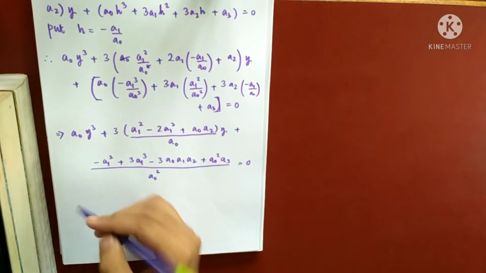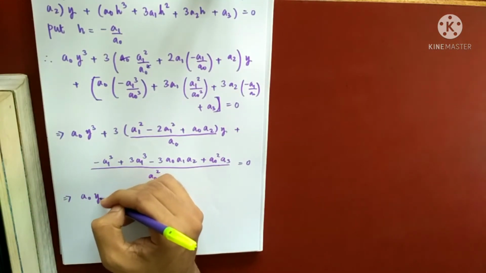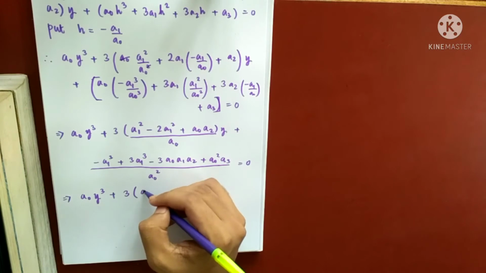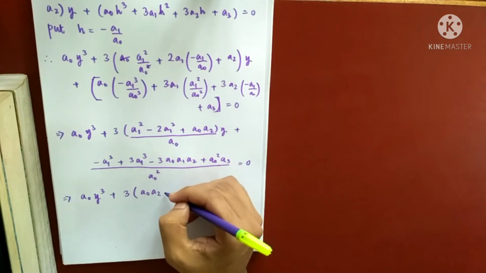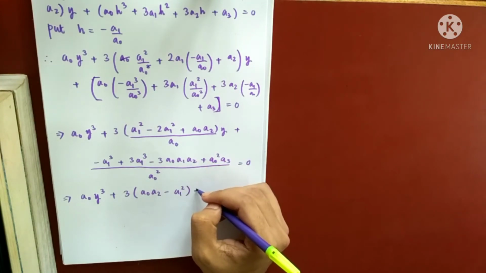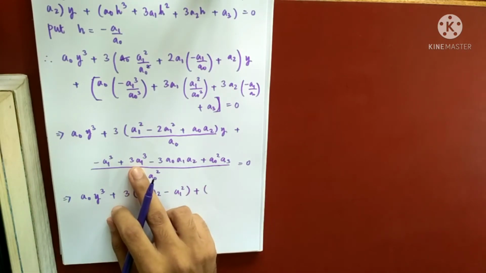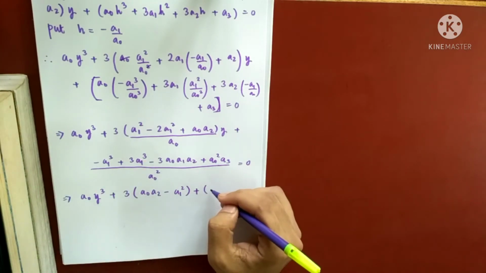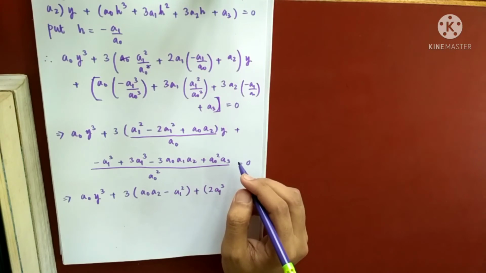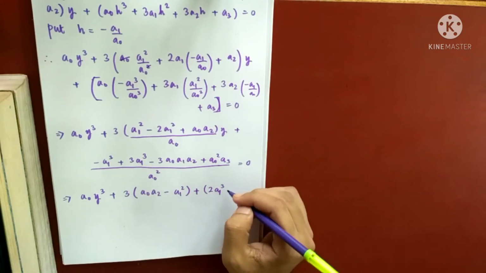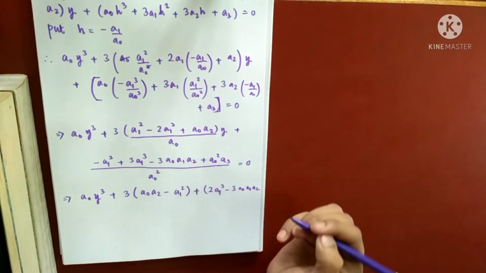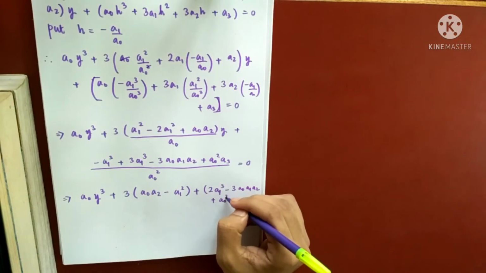So eventually what I am getting, a naught y cube plus 3 times this, a naught a2 minus a1 square minus 2a1 square is a1 square, plus 3a1 cube minus a1 cube is 2a1 cube, minus 3 a naught a1 a2, and then plus a naught square a3.